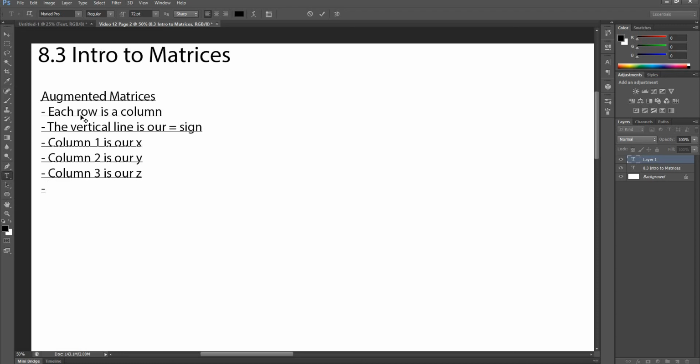And last but not least, if a variable is not in an equation, then the coefficient, I'm going to use the vocab word entry, is 0.